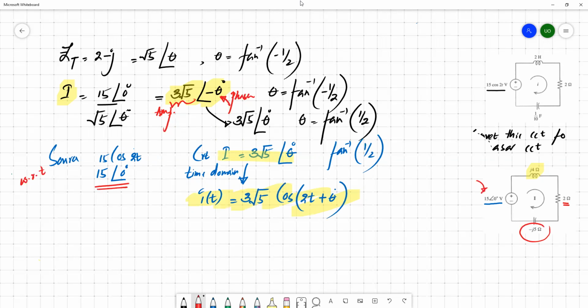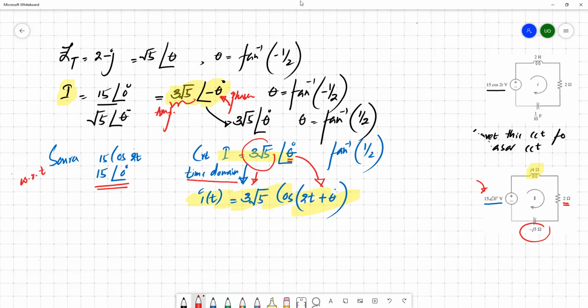Once we get the phasor value, you can easily convert back to the time domain. This is the magnitude, and this is the phase shift. It comes from cos 2t, so you just put cos 2t and plug in this additional phase. This is very simple.